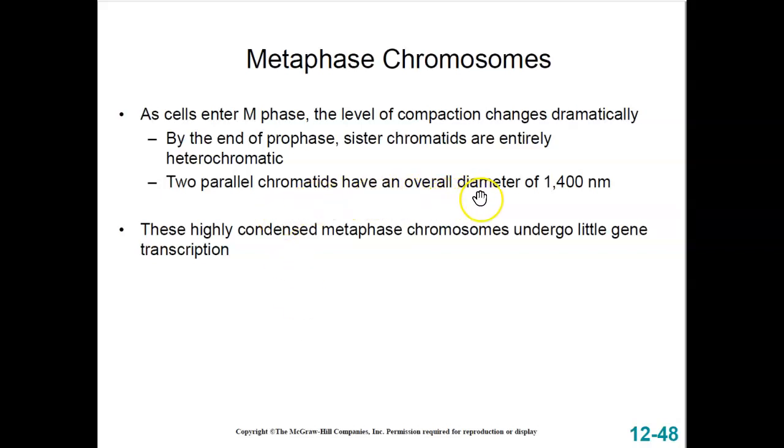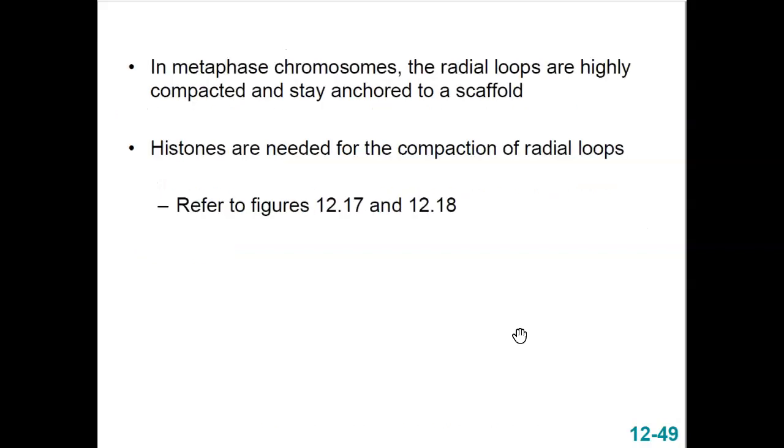Two parallel chromatids have an overall diameter together of about 1400 nanometers. Now, it is a little different depending on chromosome number in humans, because different chromosomes are different lengths, but that's just a general estimate. So highly, highly condensed metaphase chromosomes basically are transcriptionally inactive.